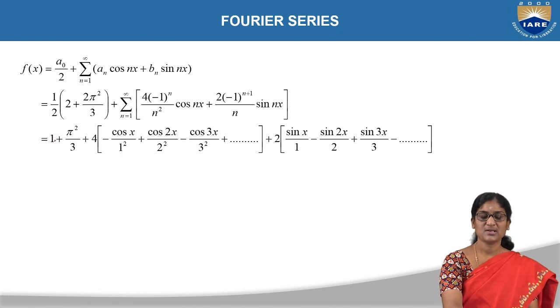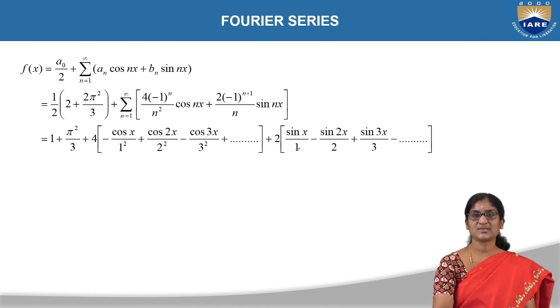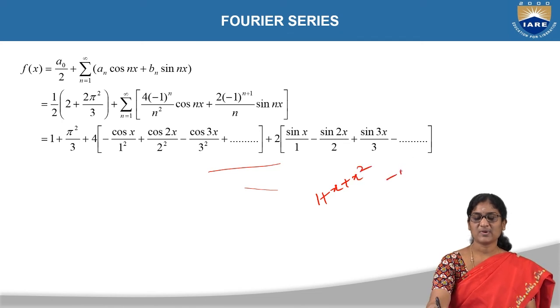So I'm going to get 1 by 2 of 2 plus 2 pi square by 3, plus summation n from 1 to infinity of 4 into minus 1 whole to the power of n by n square cos nx plus 2 into minus 1 whole to the power of n plus 1 by n sin nx, which comes out to be 1 plus pi square by 3 plus 4 into minus cos x by 1 square plus cos 2x by 2 square, and so on, plus 2 into sin x by 1 minus sin 2x by 2 plus sin 3x by 3. So this is the infinite expansion for the function 1 plus x square in the interval minus pi to pi.